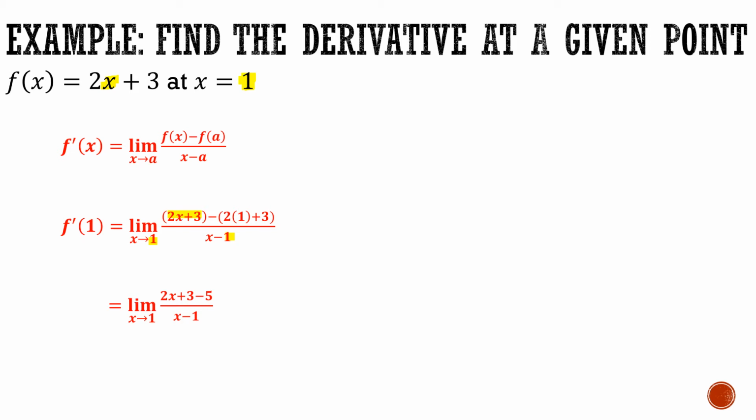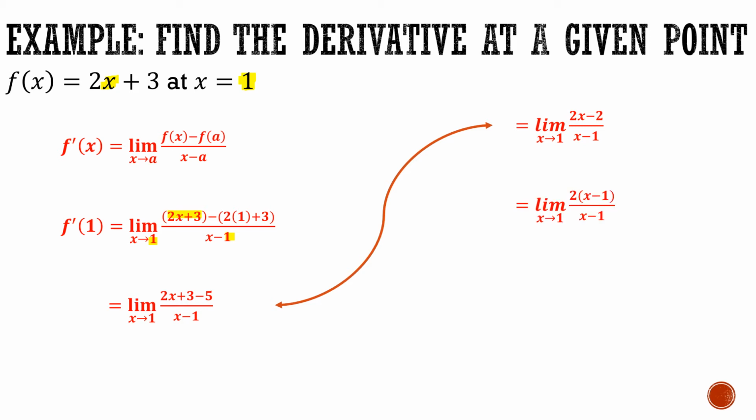If I simplify a little bit more, adding the 3 and the negative 5, I get the limit as x approaches 1 of 2x minus 2. From there, I would factor out a 2, so I have 2 times x minus 1 over x minus 1. Then I can cancel out the x minus 1 up top with the x minus 1 on the bottom, and I'm left with the limit as x approaches 1 of 2.